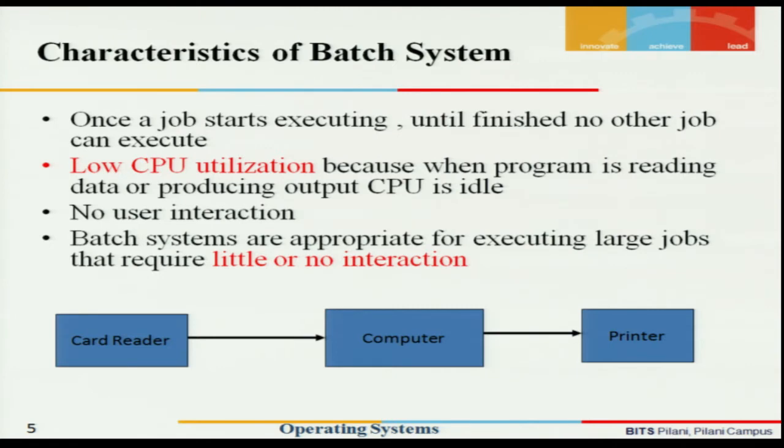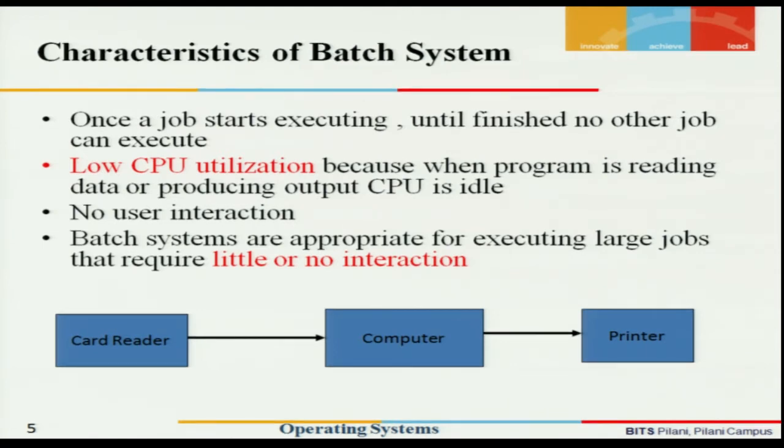The IO operation would be performed, and once the IO gets completed, only then would the CPU start executing again, and once the complete job gets executed, only then can another job begin. So this was a characteristic of a batch job.